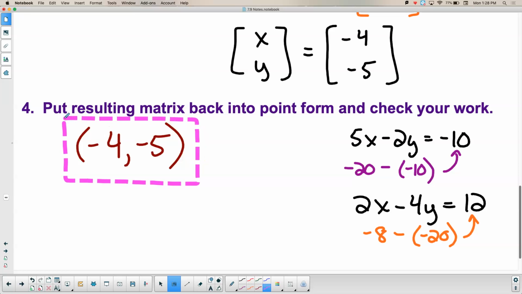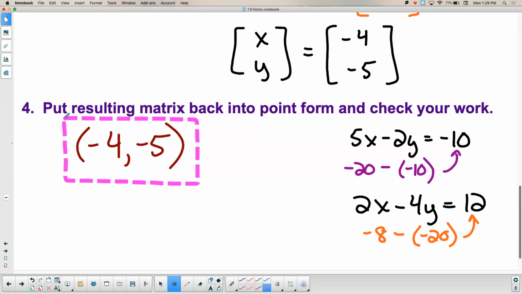Now, I will be honest with you that solving using matrices is not very much faster in 2x2 systems of equations. Okay? Systems of equations that have 3 equations, 3 variables, 4 equations, 4 variables, yes, matrices is by far the fastest. 2x2s, probably not your most speedy way to do it.